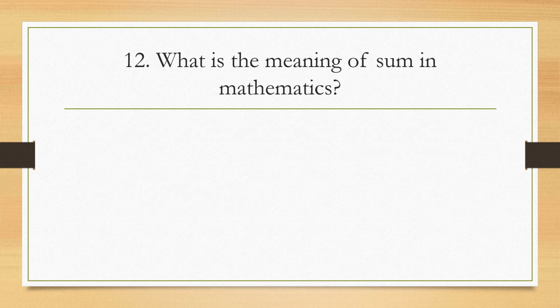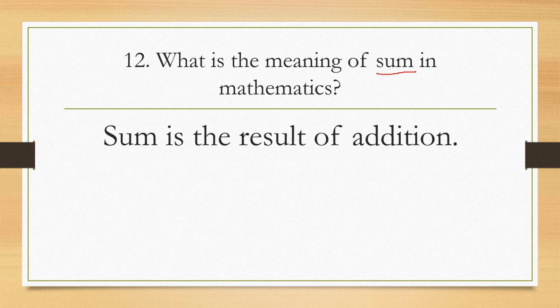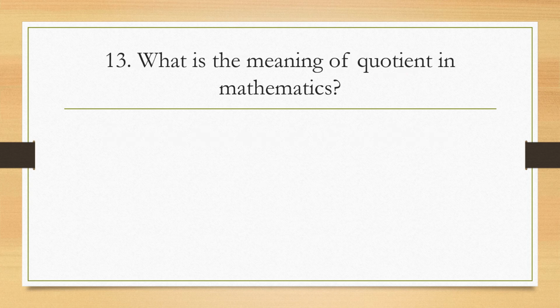Number 12, what is the meaning of sum in mathematics? Sum. What is the sum of 1 and 2? For example, it's 3. Sum is the result of addition. Okay? And we have here also, what is the meaning of quotient?